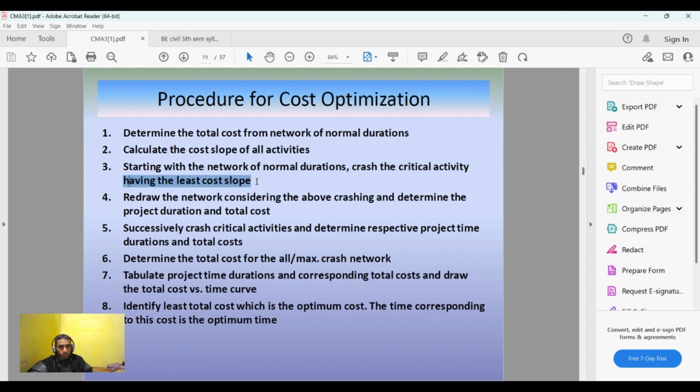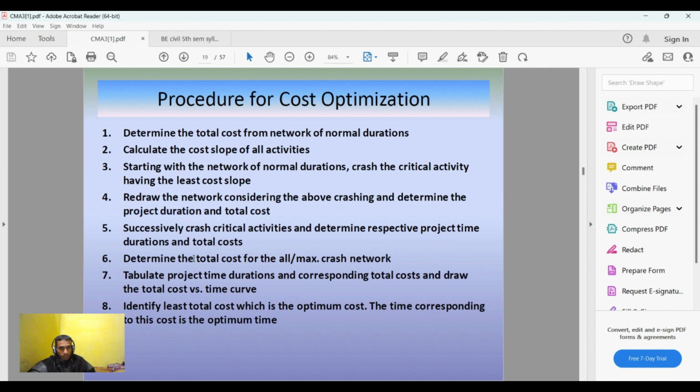So starting with a network of normal durations, you would be crashing the critical activity having the least cost slope. That comes into the picture after finding the critical path. Then we need to redraw the network after crashing, and then determine the project duration and total cost. Then you would be successively crashing the activities, and determining the respective time durations and total costs.